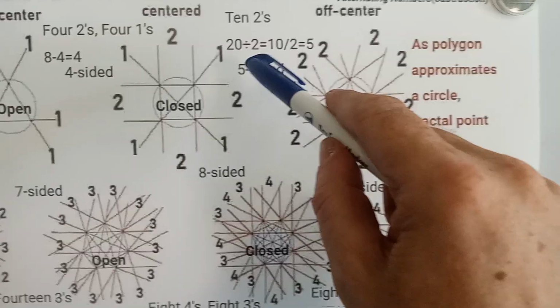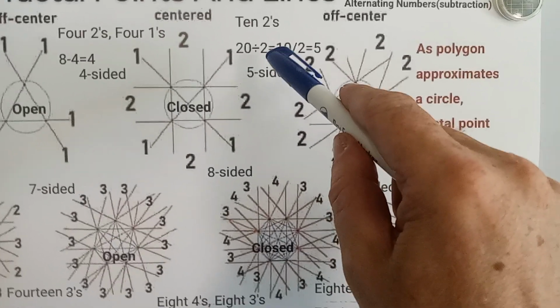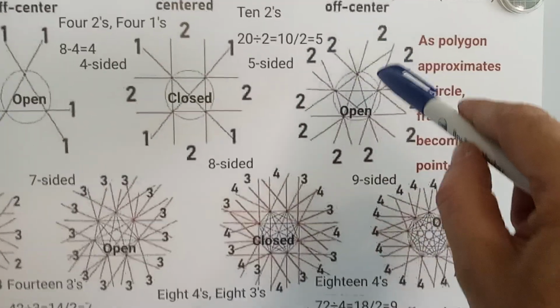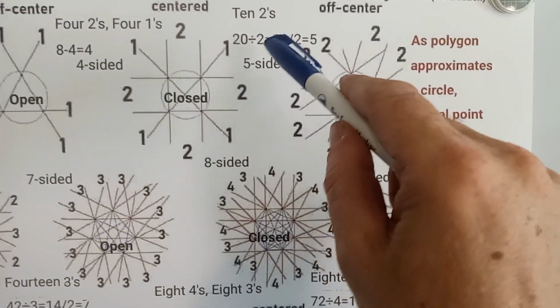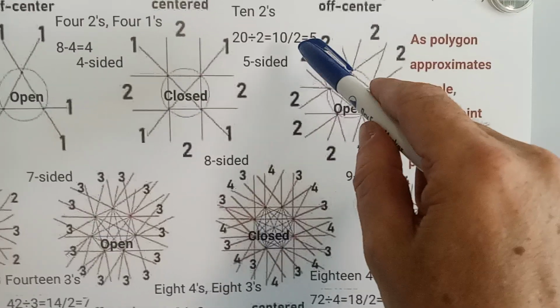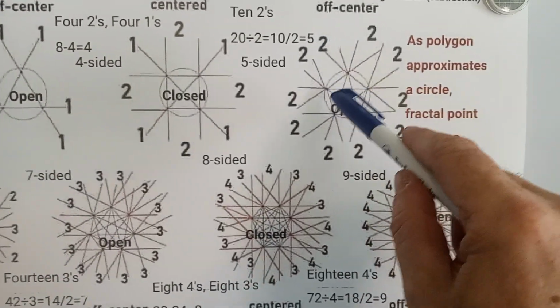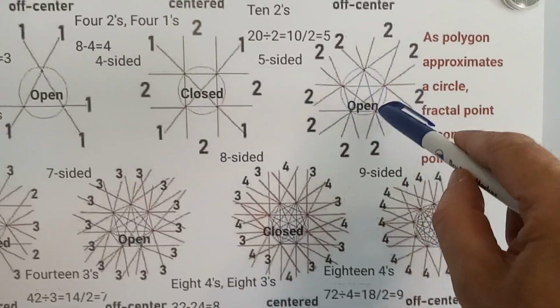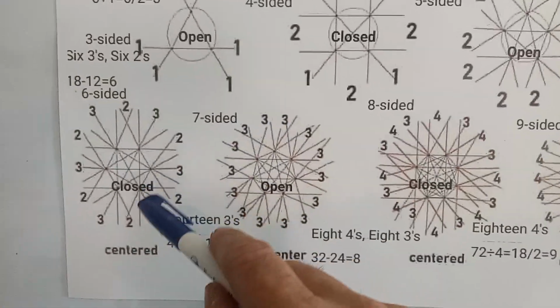And so 20 divided by 2. 20 is the addition of all these 2's. Divided by 2 gives you 10. And you further divide by 2 because you're counting 2 twice. That gives you 5. So you know that's a pentagon. And it goes on like that.